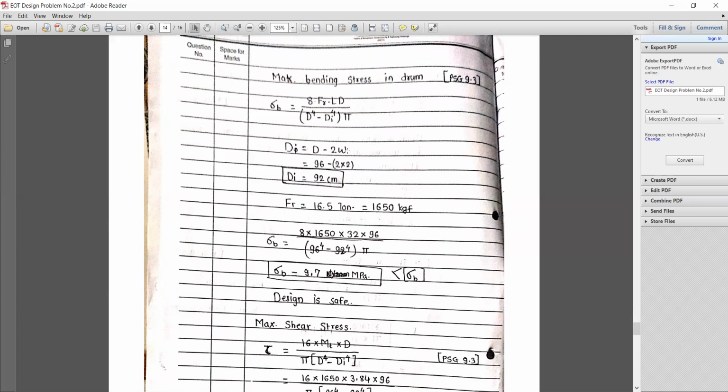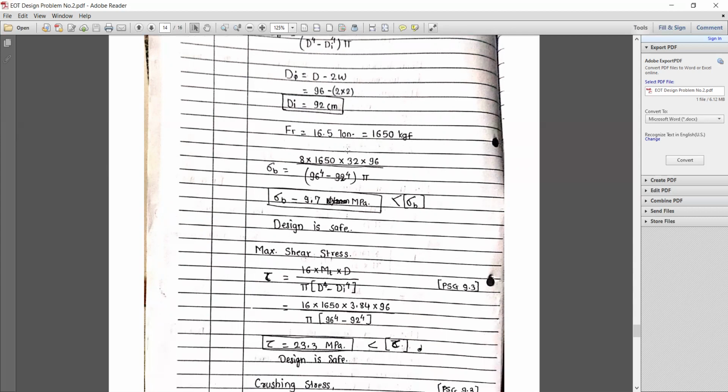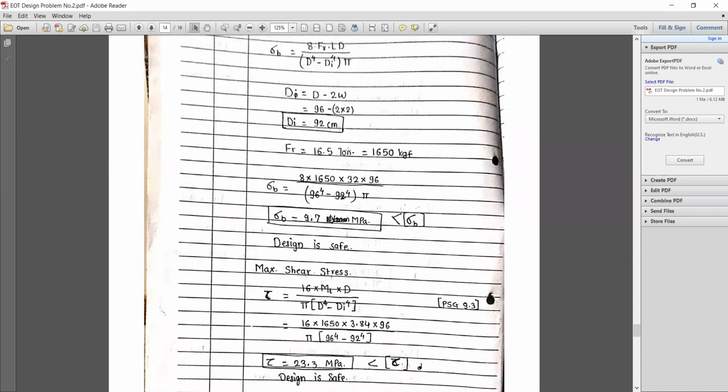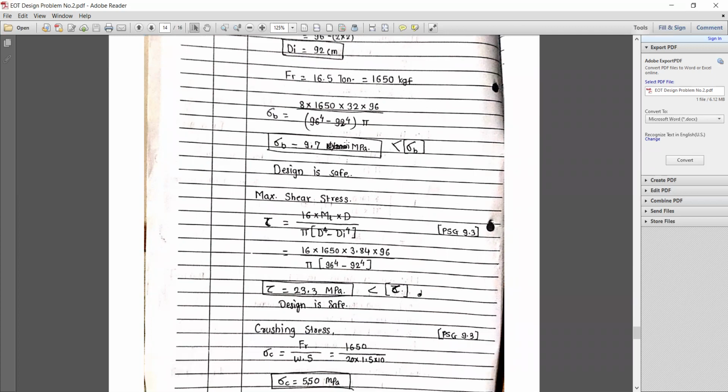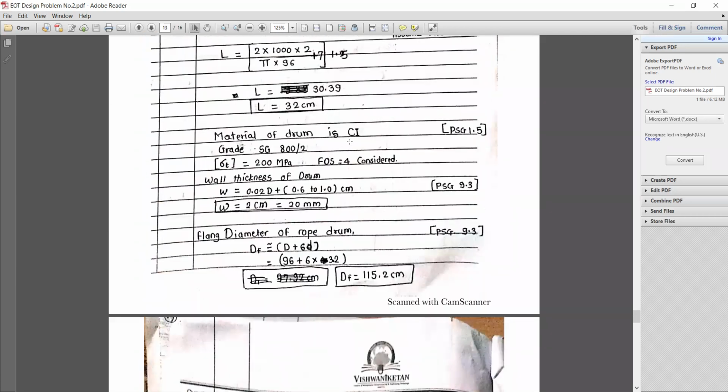Internal diameter is outer diameter minus 2 times the wall thickness, so internal diameter is equal to 92 centimeter. Fr, which is the directly applied load, is 16.5 ton, that is 1650 kgf. Now putting all the values of Fr, L, D, the value of sigma b is 9.7 megapascal, which is very less, as the design sigma b is 100. So our design is safe.